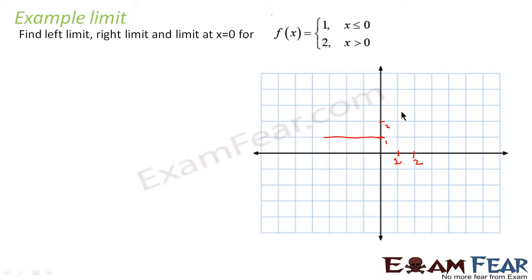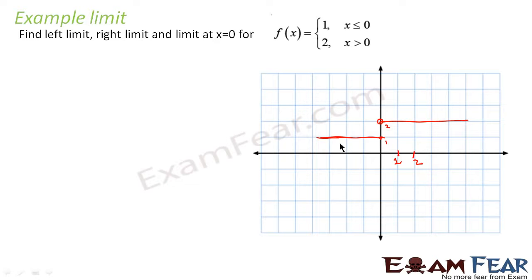And for any number that is greater than 0, 0 is not included, the value of y is 2. This is the typical graphical representation of this equation. f(x) is equal to 1 for any number equal to 0 or less than 0. So at the 0 point, this value is 1. And f(x) is equal to 2 for any number greater than 0.